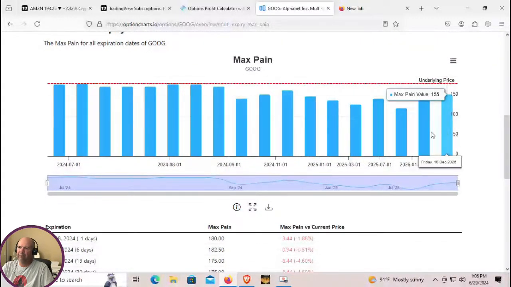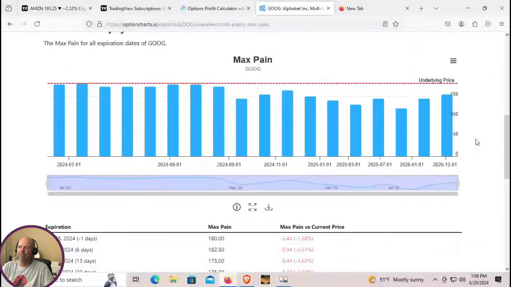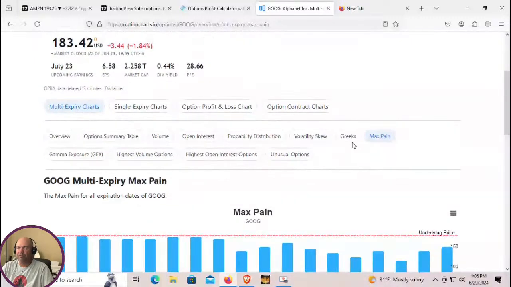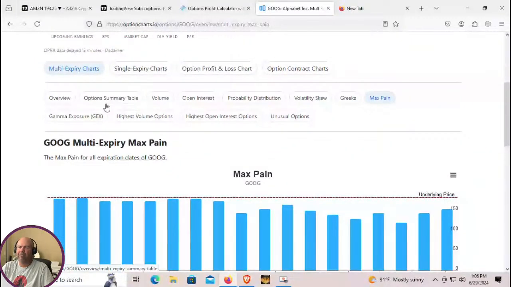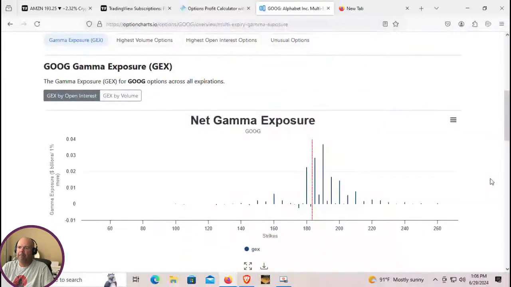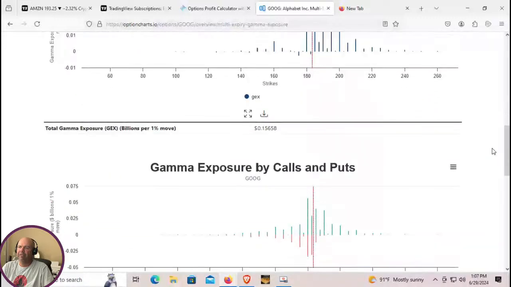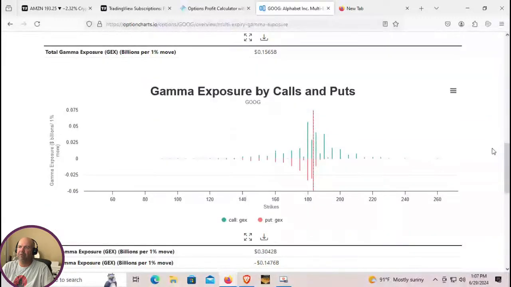So you have a lot of information on this website, pretty much everything related to options at this moment. Let's see the gamma exposure. The gamma exposure is 185. Gamma exposure by calls and puts.